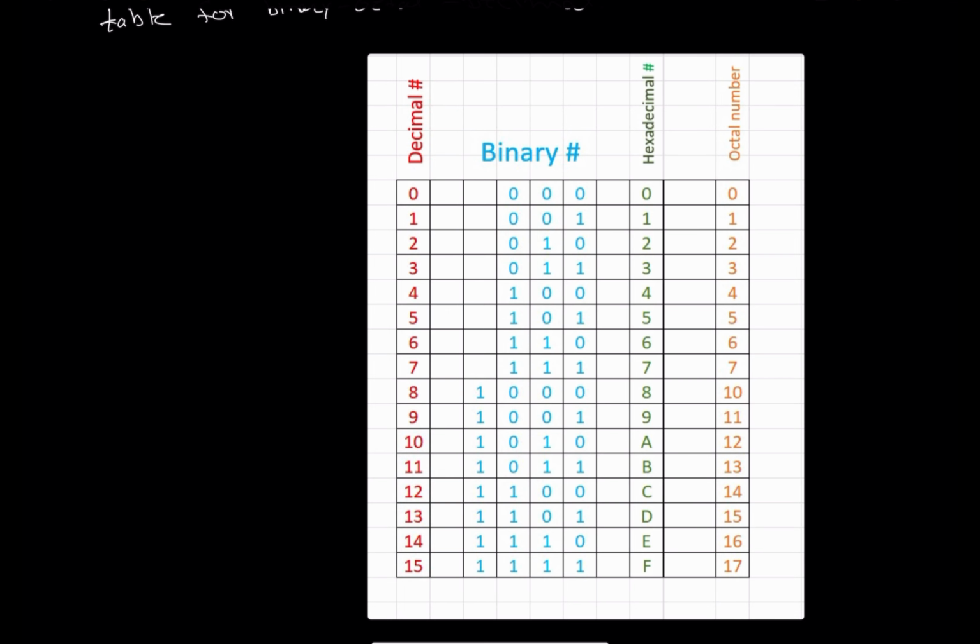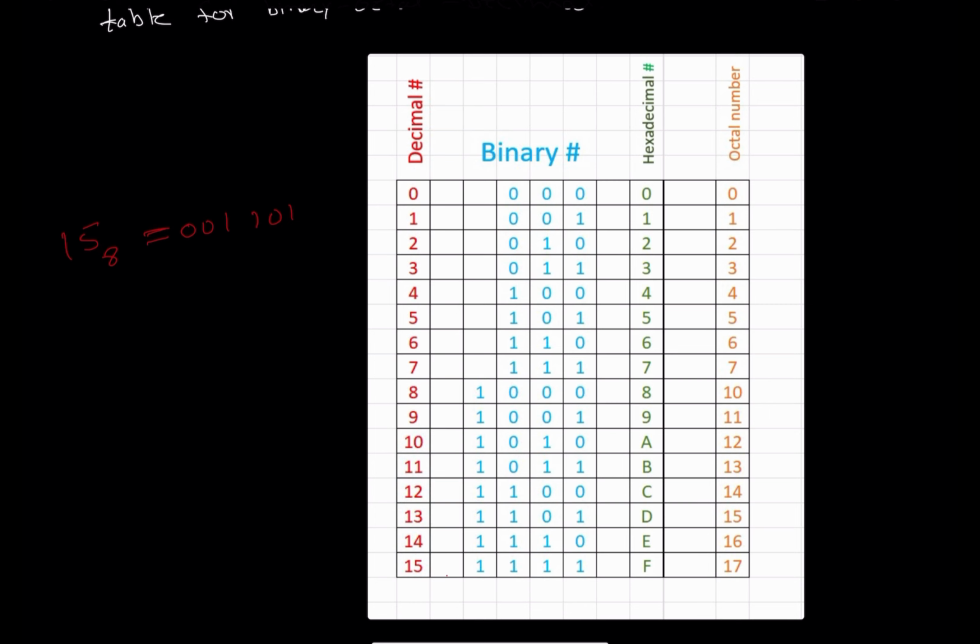For example, we said 15. If you want to write 15 base 8 as a binary number, we have to convert each number to its representation in binary. So 1 is 0, 0, 1, because we said we're using only 3 digits, and 5 is 1, 0, 1.